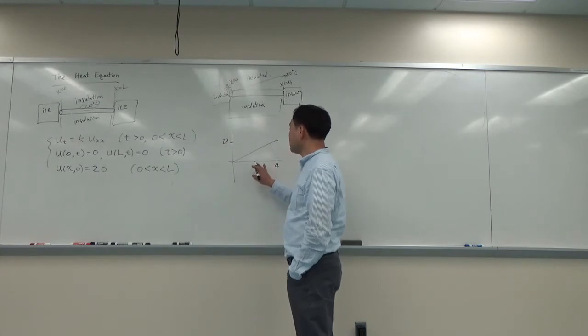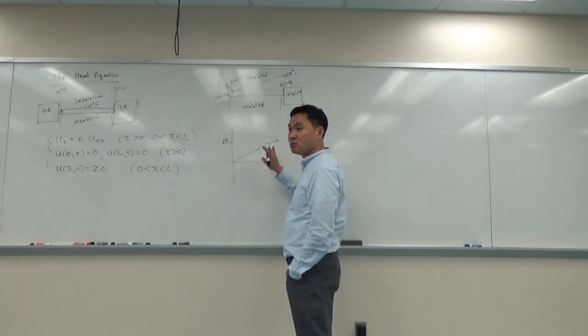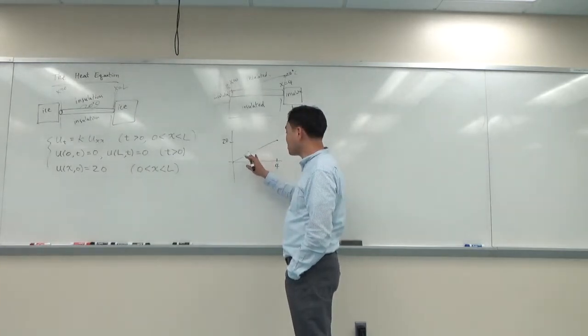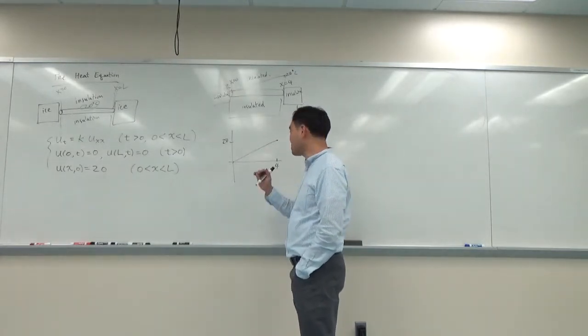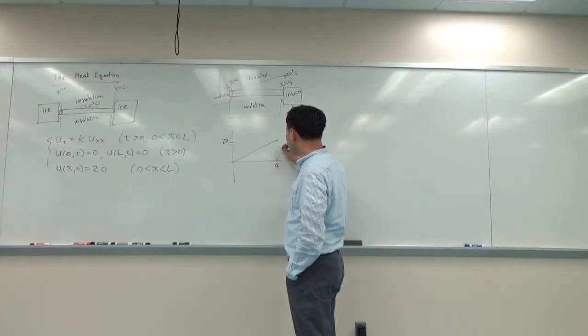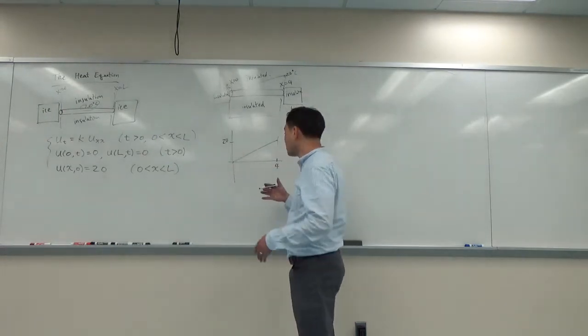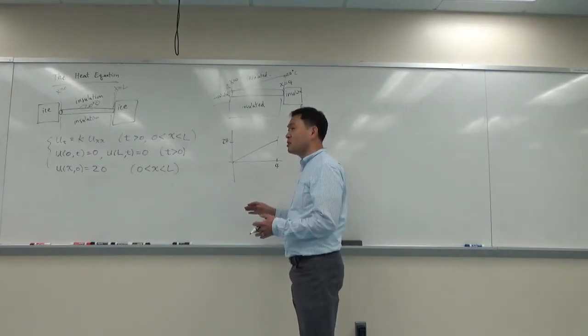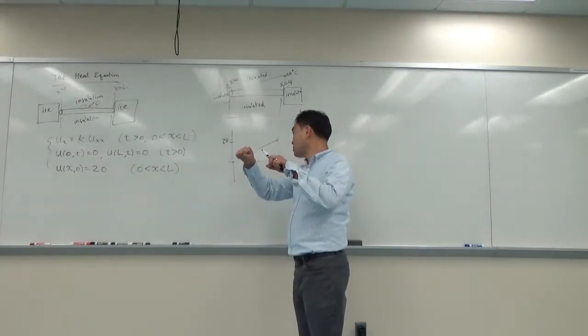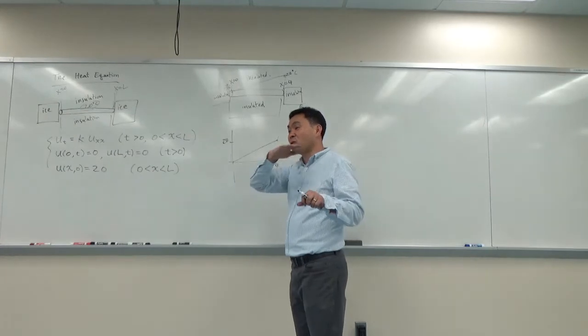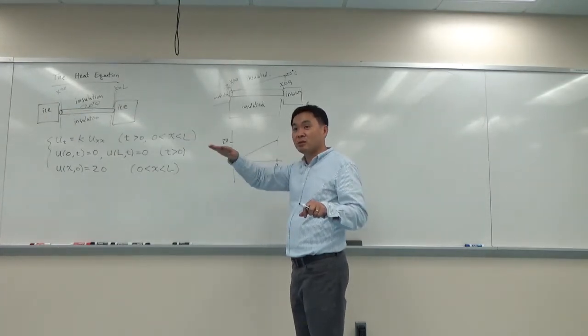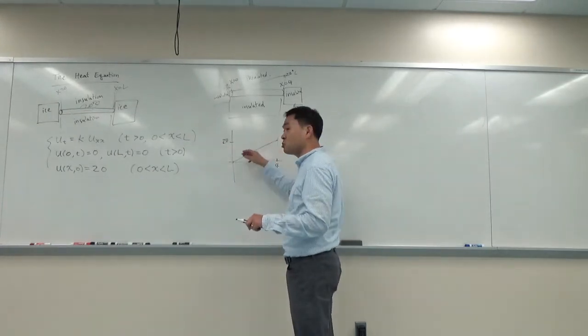And then if you let this evolve just for a few milliseconds, then because this side is insulated, this side is insulated, what's going to happen is that eventually it will try to even out along the entire bar, right?